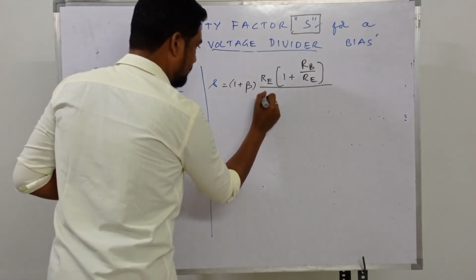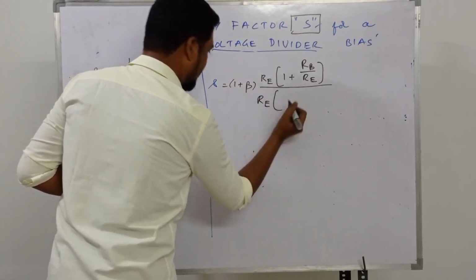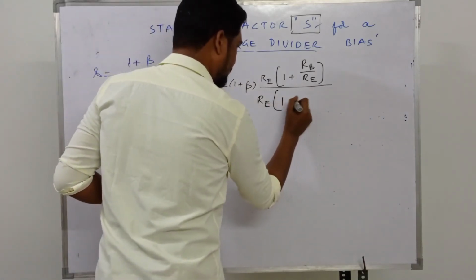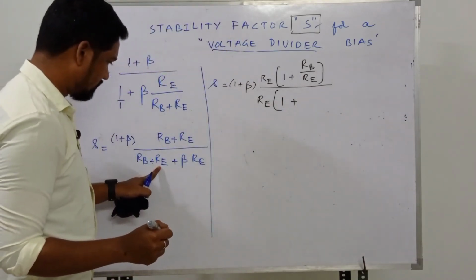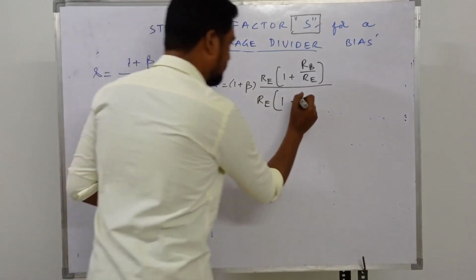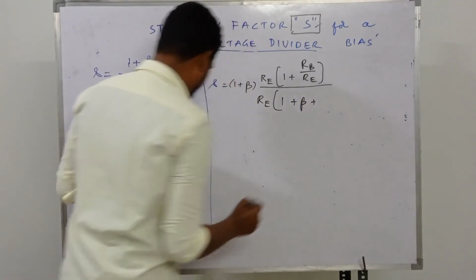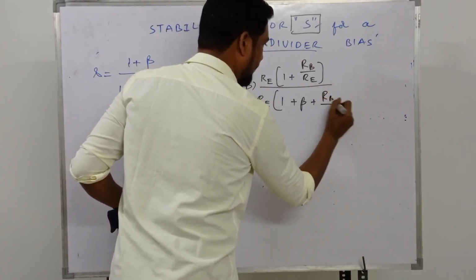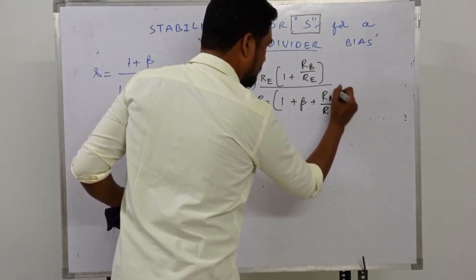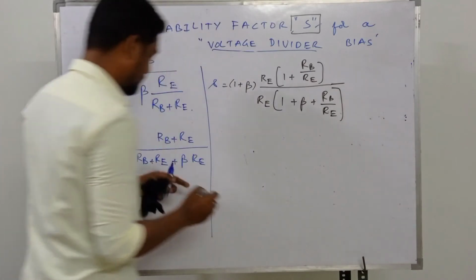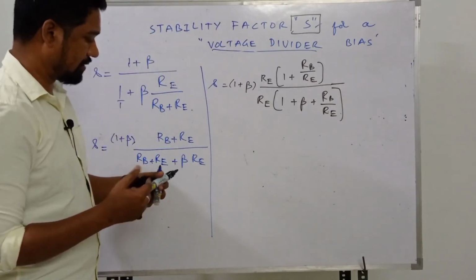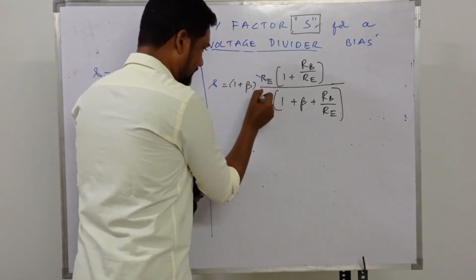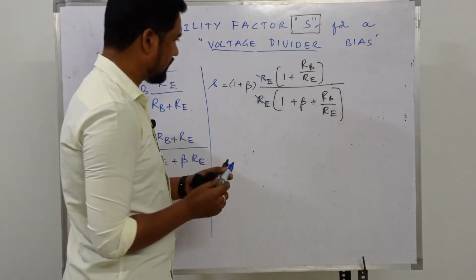RE as common in the denominator also, that gives us 1 from here, 1 plus beta from here, beta plus RB by RE. So guys, make a note of this simplification. I'll be erasing this one. Now what gets cancelled? This RE gets cancelled, right? So we don't have that anymore.